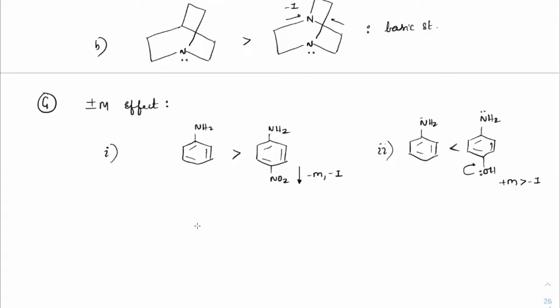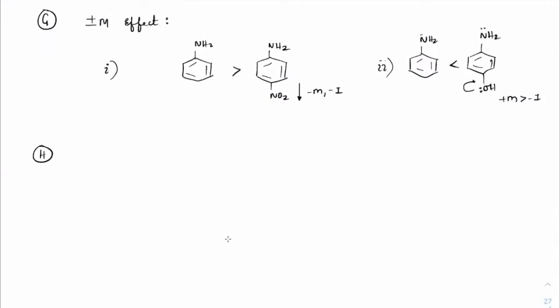The second will be more basic than the first one. Here we are considering basic character beta. It is like some electrophilic species is coming, E plus is coming. Then which one will give lone pair easily? Obviously between oxygen and nitrogen, nitrogen will give. And now you are comparing these two nitrogens.